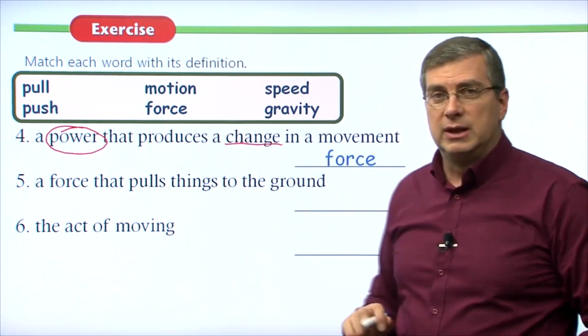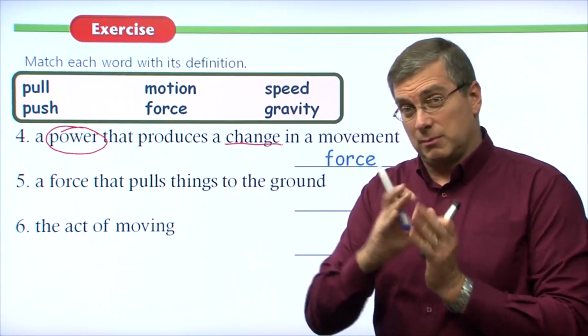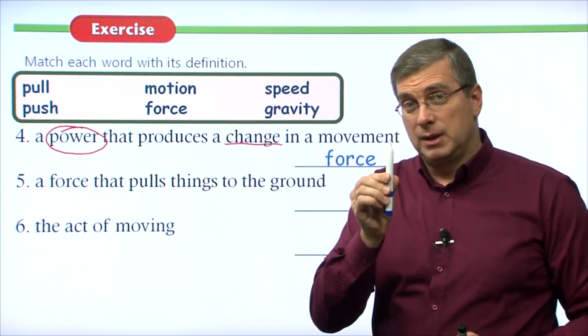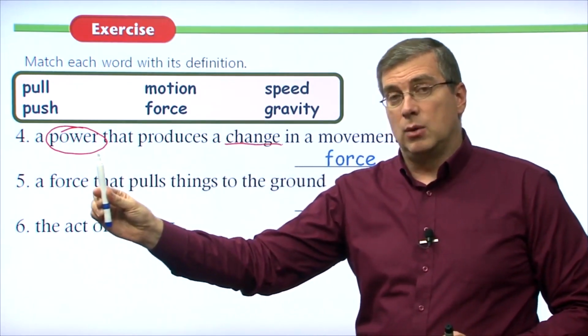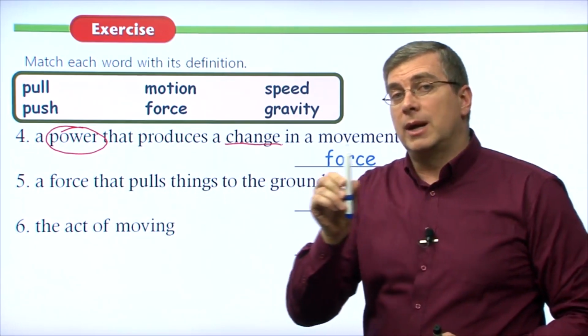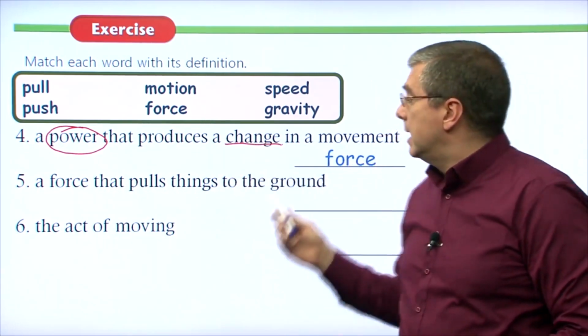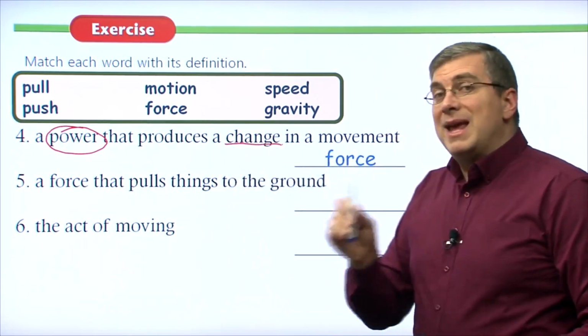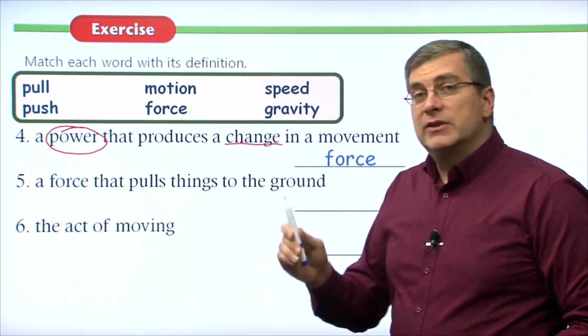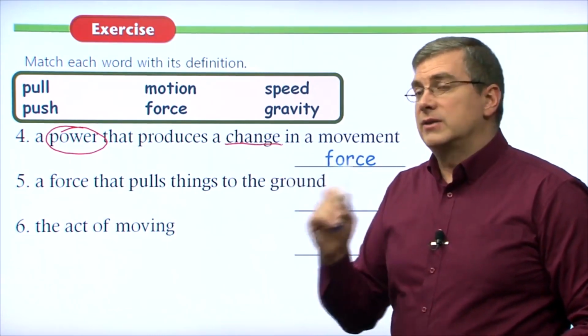Because of a force. A force will make an object move from a stop to starting to move. Or if the object is already moving, maybe it'll change direction, right? That power that makes that change is called a force.